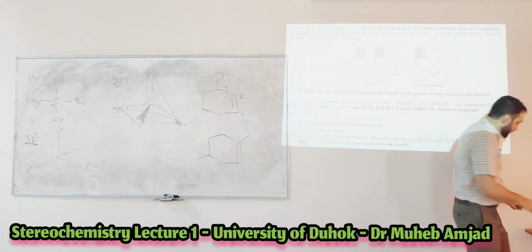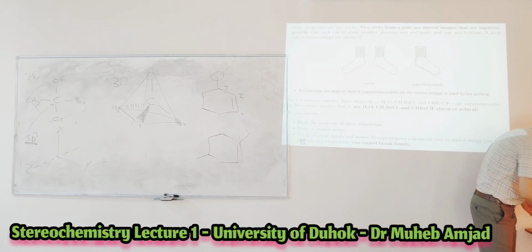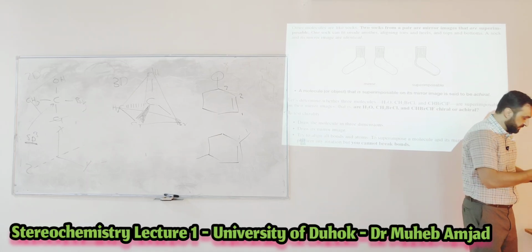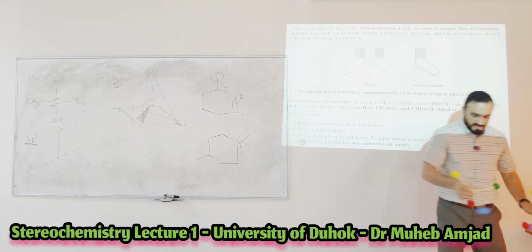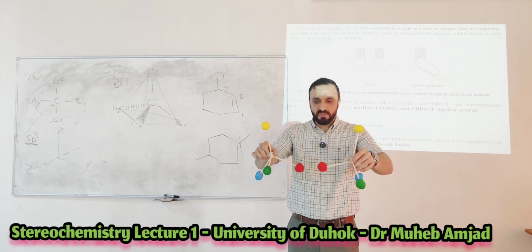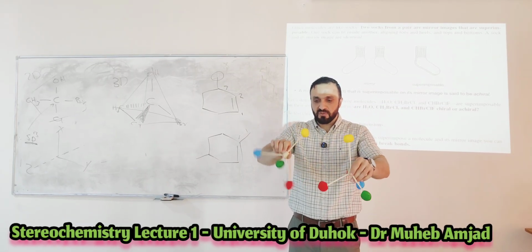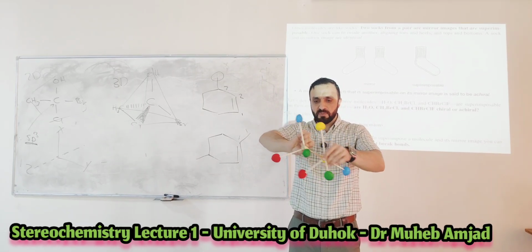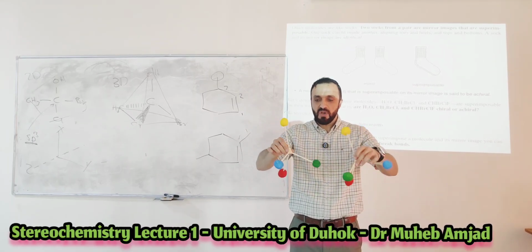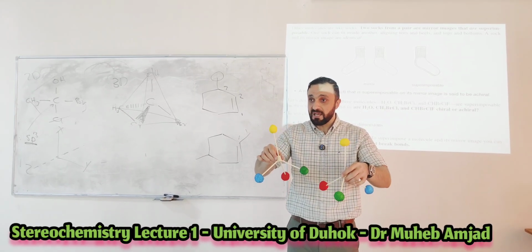So, if we go to our example, this is the mirror image, yes? Is it superimposable or not superimposable? Put it like that, rotation. Make rotation like that, not superimposable. Rotation like that, not superimposable. But don't break the bonds.